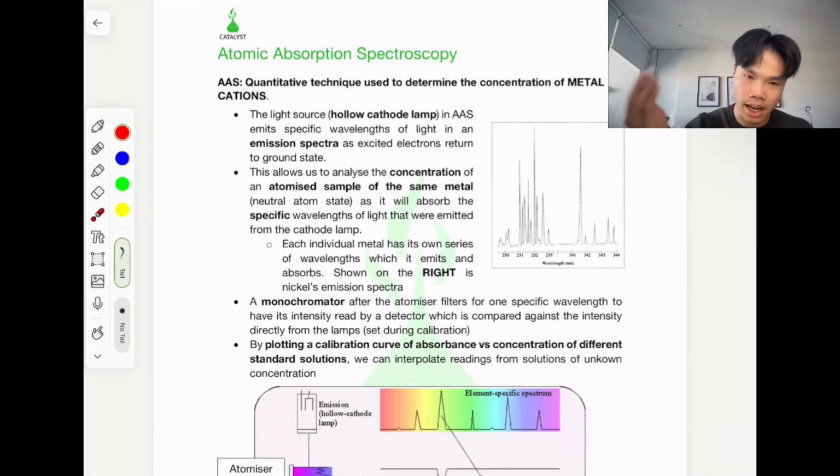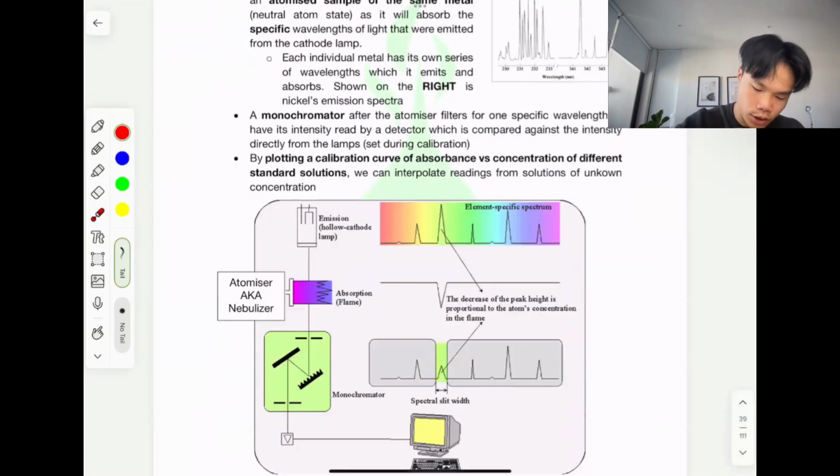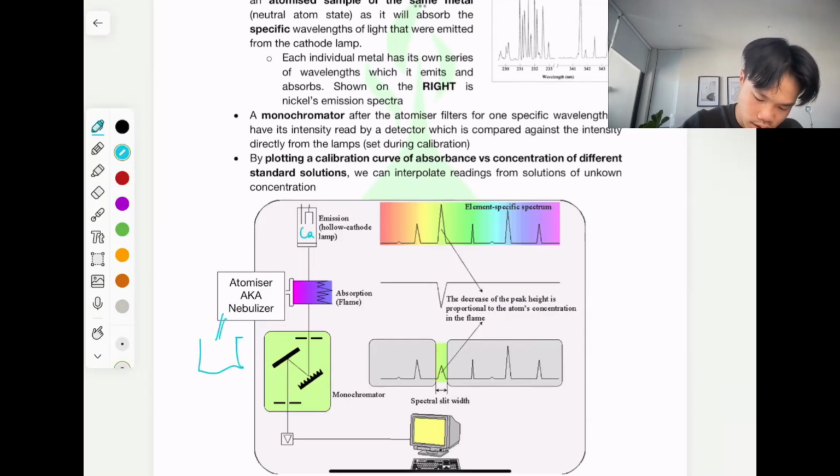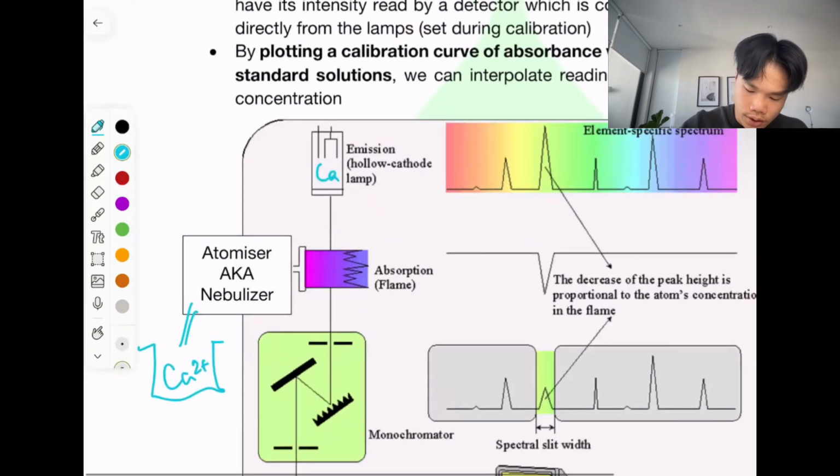So it may be a calcium lamp, for example, shining out the specific emission spectra of calcium. So you would have calcium in here in the case where you're trying to analyze a solution that contains calcium. Whatever you're trying to analyze, you need to use a lamp that correlates to that metal. So calcium would shine out its specific spectra. Let's say it shines out a blue light, a red light.